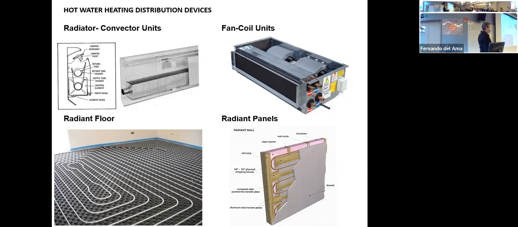With a fan coil, we don't have ventilation. We just cool down or heat up the air inside the unit, but we don't have access to the outdoor air. The fan coil works as an air handling unit, but it doesn't get fresh air from outside.